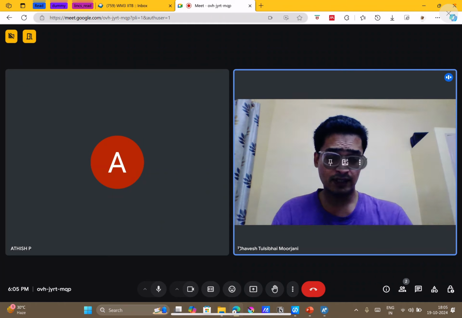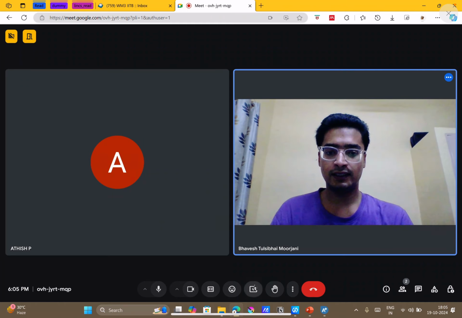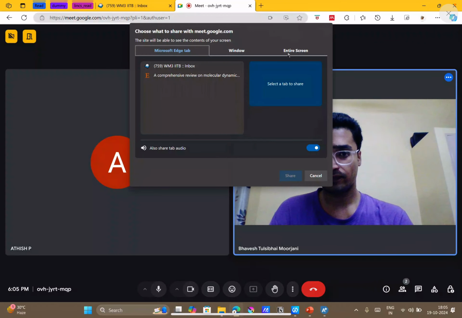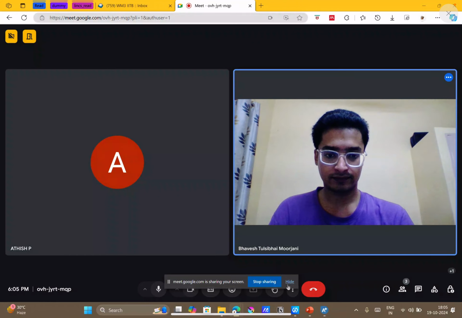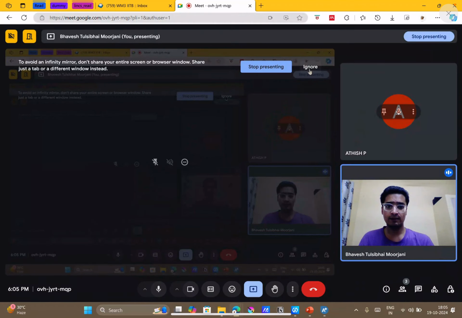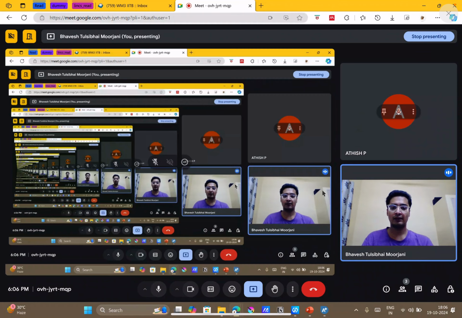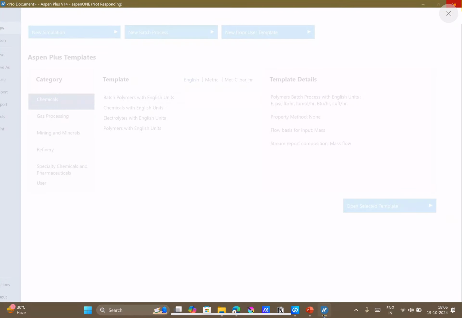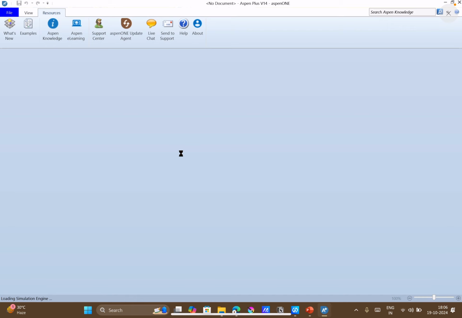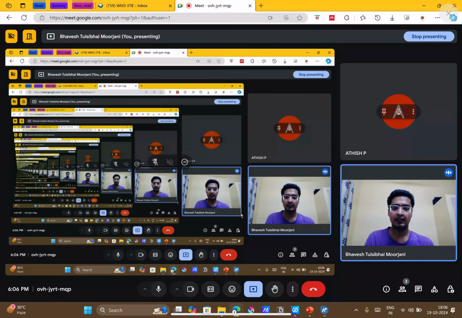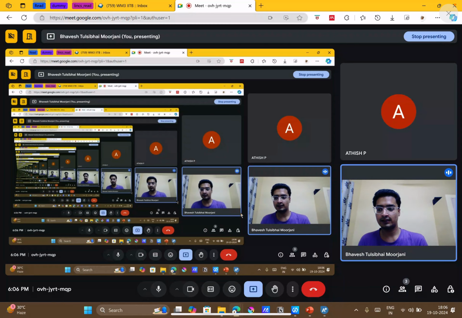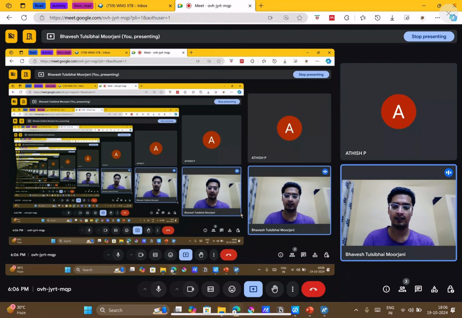In the Aspen Plus software, so far, in the initial weeks, we started off with the various property estimation methods in Aspen Plus, and how to do property analysis, whether it be pure component analysis, binary component, or ternary component.